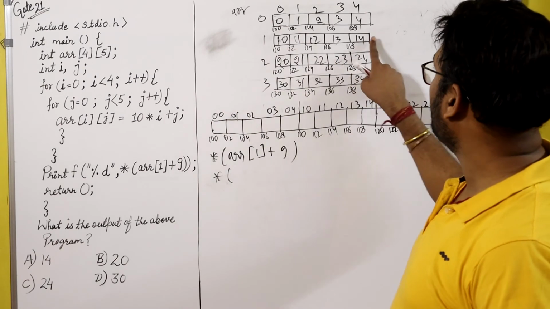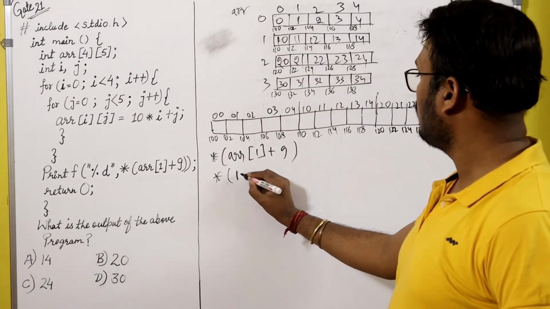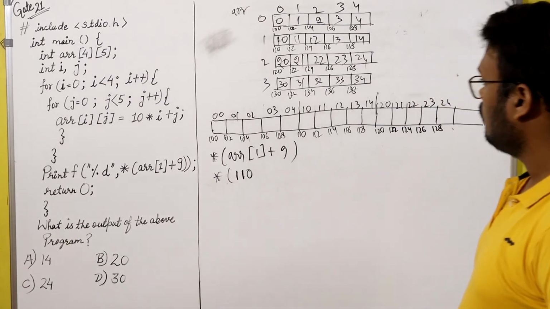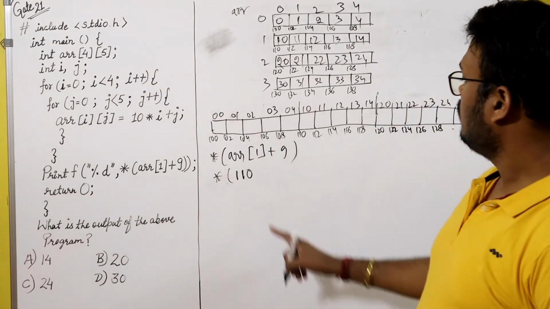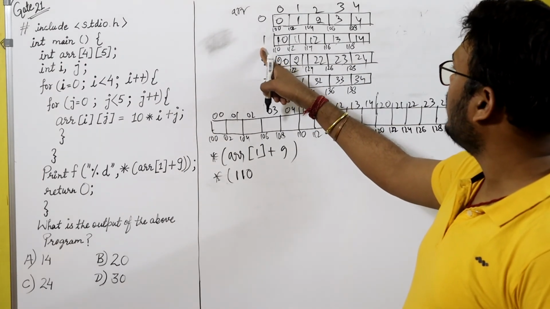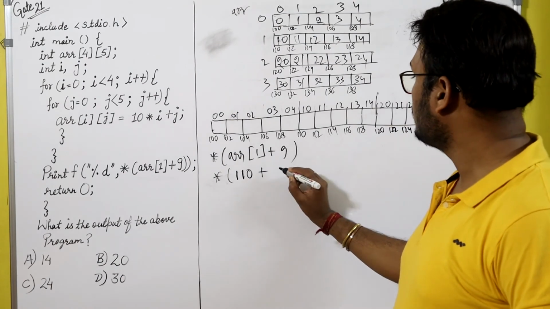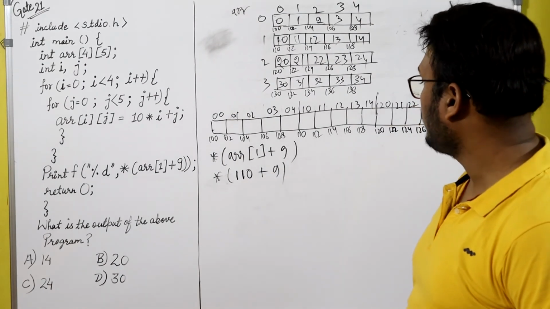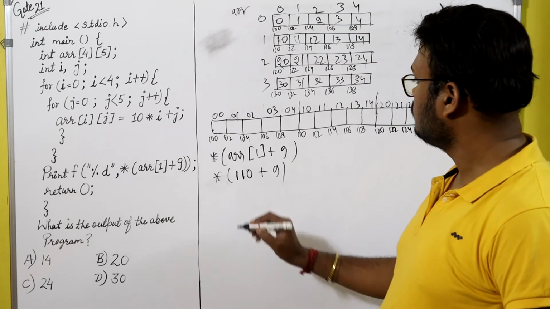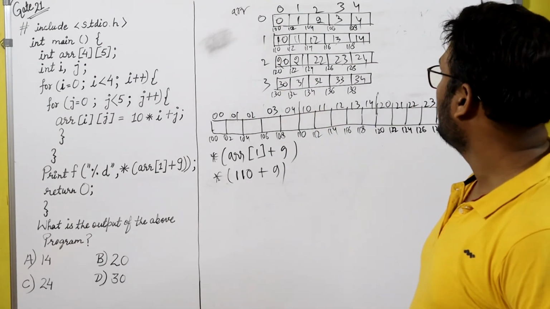What is the base address of this one-dimensional array? 110. Fine. So in place of ARR of 1, I have written 110, plus 9. Fine. So what is 110 plus 9?